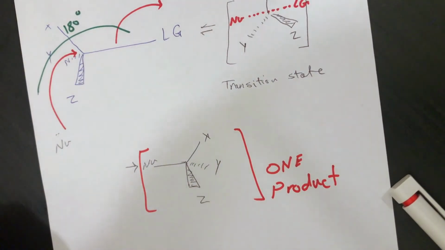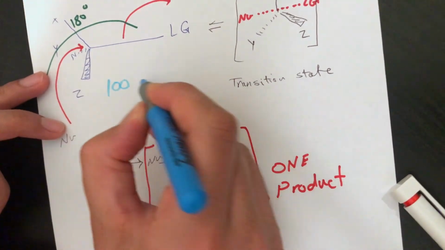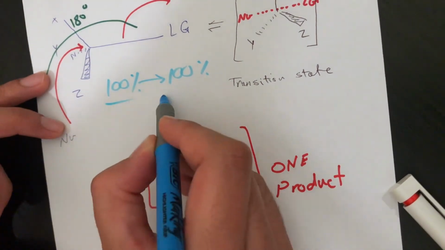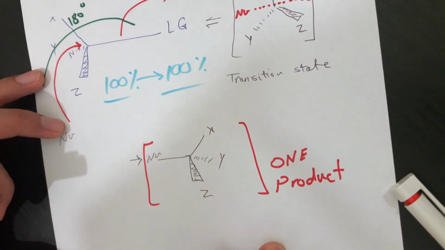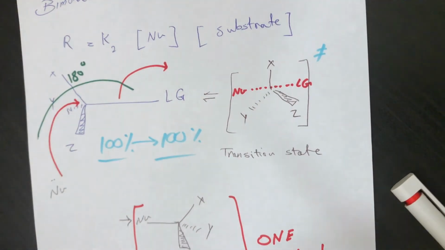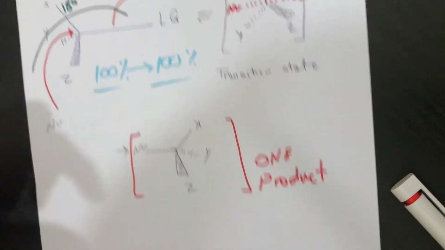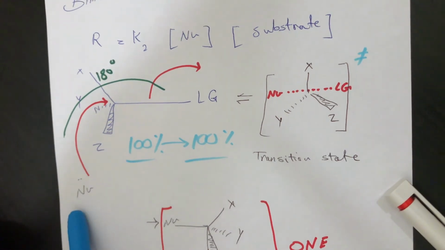This means we get from 100% to 100%. 100% is the starting point, 100% is the product. There's nothing lost. Obviously there is some loss, but not a significant amount, so we cannot consider that. The more important thing is to understand there is one product for SN2, and it happens simultaneously once the nucleophile attacks.